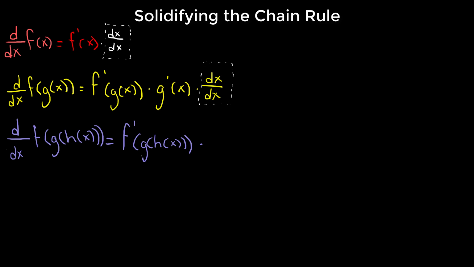Then you will take the derivative of the inside. So in taking the derivative of the inside, notice that we'll have the derivative of g of h of x, which is another composition. Again, if we're taking the derivative of a composition, do not be afraid. Just go ahead and trust the process. Just take the derivative of the outside and leave the inside the same.